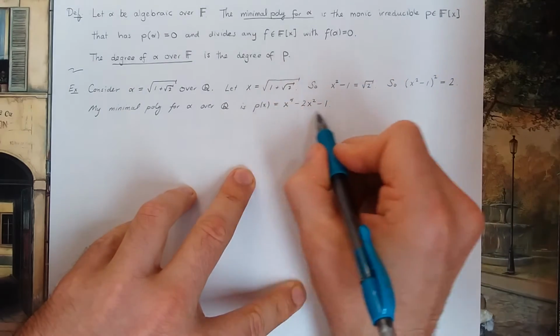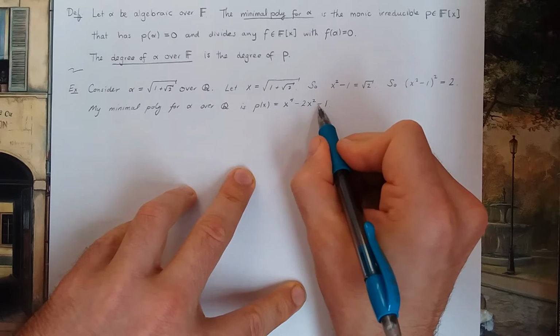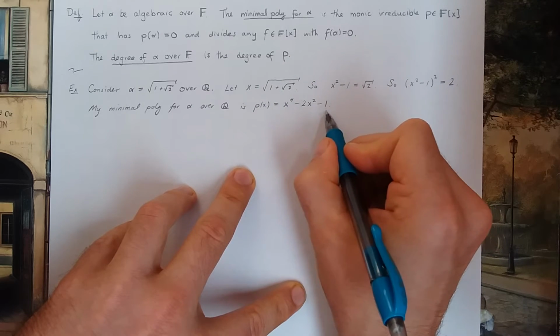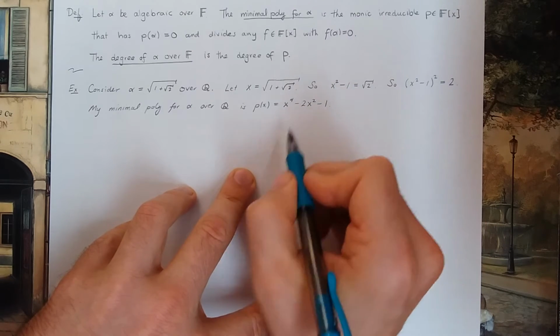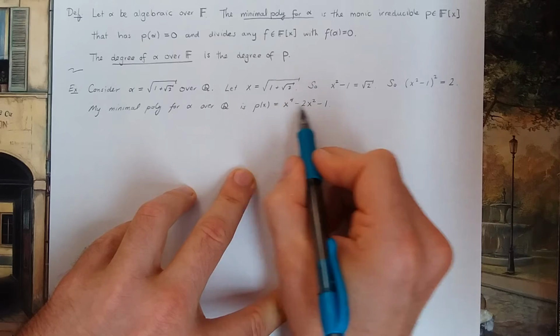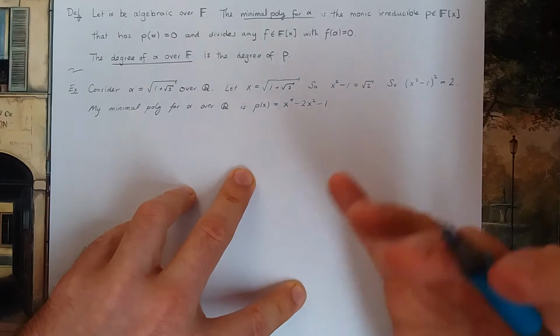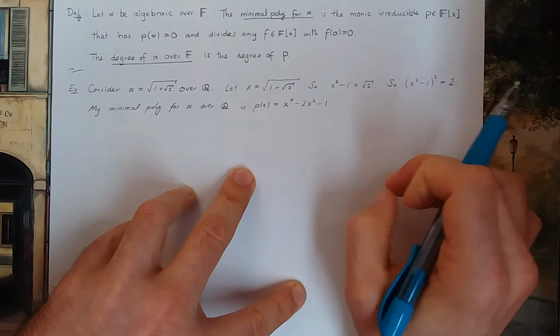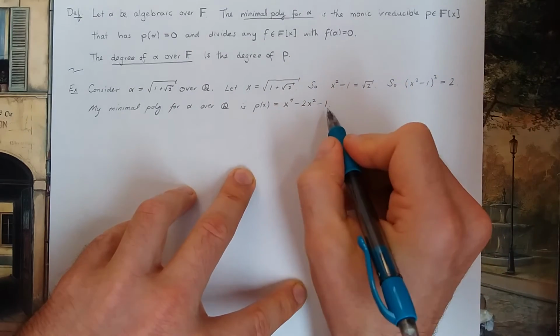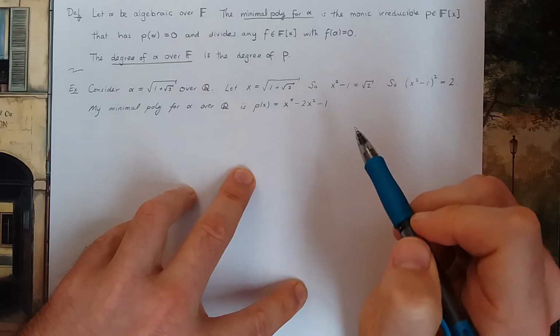If this did have a rational root, then it would have to be either plus or minus 1, and neither one gives a root when you plug it in for x. So there's no roots, and then you can prove that there's no way to factor this degree 4 polynomial into two degree 2 polynomials. I'm going to omit that for now, but it is irreducible.